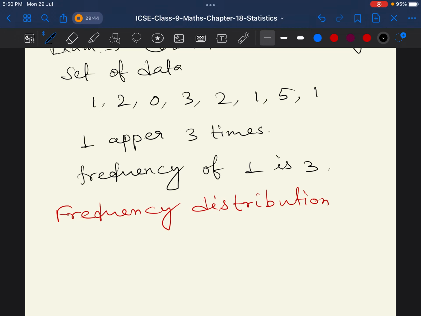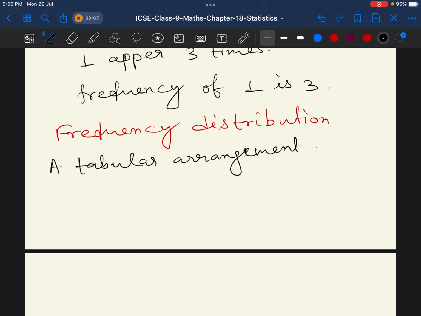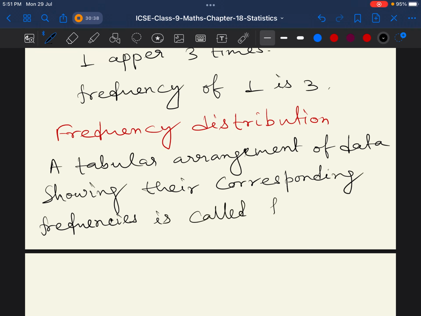The tabular arrangement of data showing their corresponding frequencies is called frequency distribution.